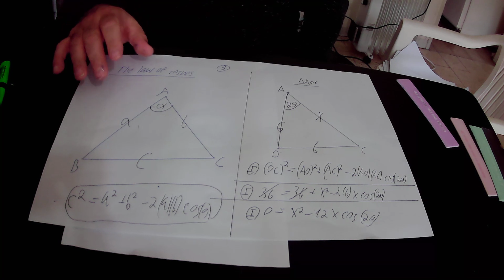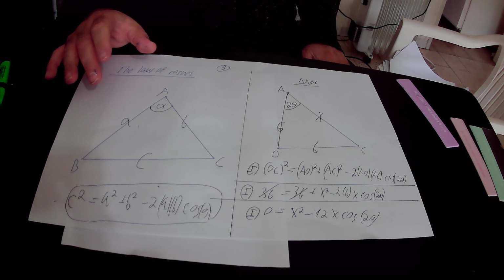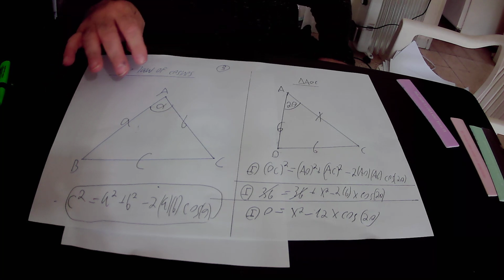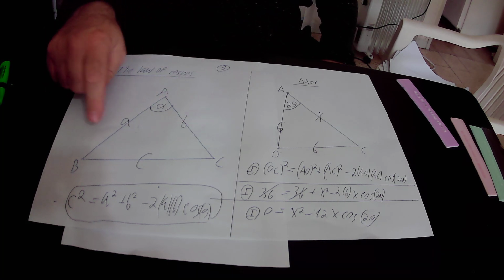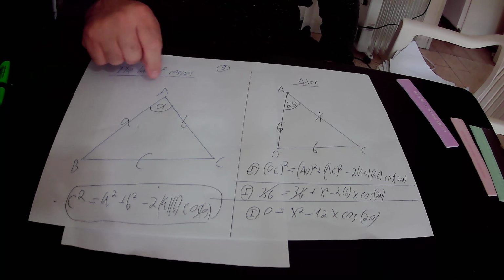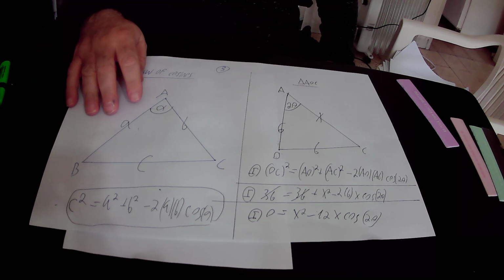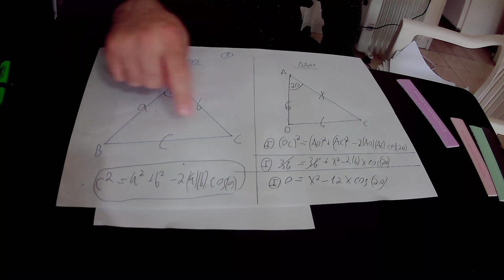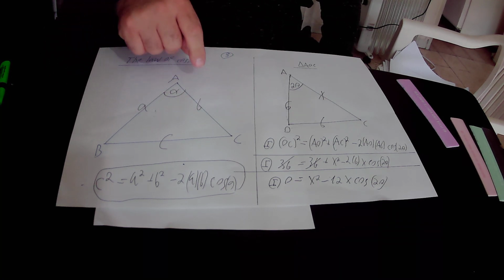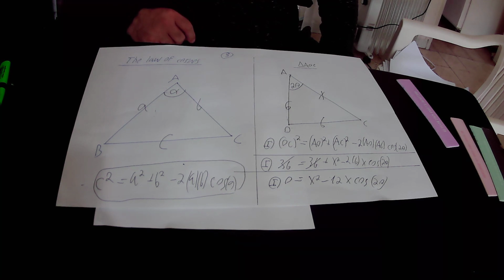So if we have this triangle ABC, that could be any triangle. The length of side AB is A units, the length of side AC is B units, and the length of side BC is C units. And the angle between side AB and side AC is alpha. According to the law of cosines, C squared equals A squared plus B squared minus 2 times A times B times cosine alpha.